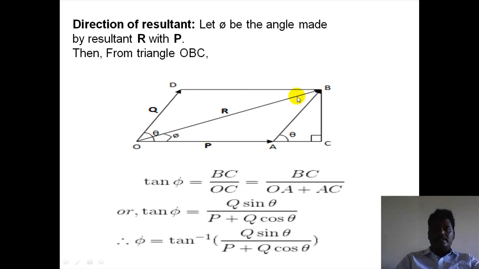AB is Q, so in place of BC I wrote Q sin theta. Now tan phi is equals to Q sin theta divided by, in place of OA, P, and from the previous slide AC is equals to Q cos theta. Now phi is equals to tan inverse of Q sin theta divided by P plus Q cos theta.